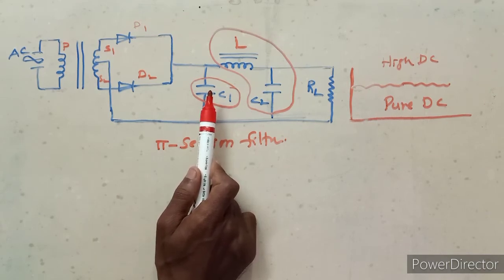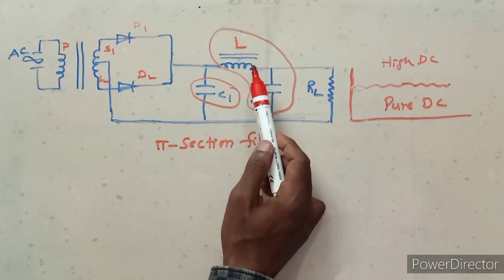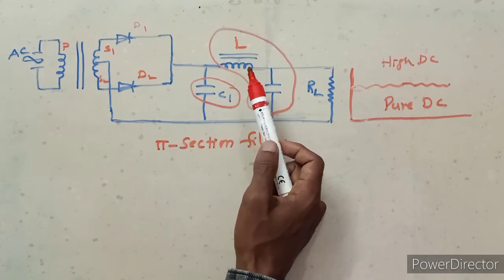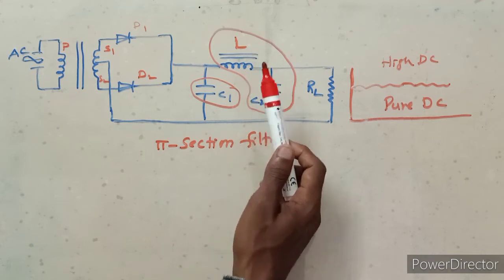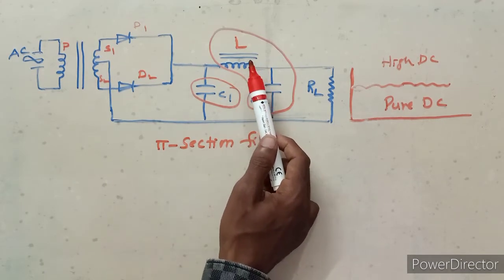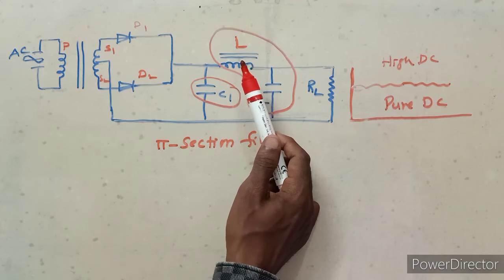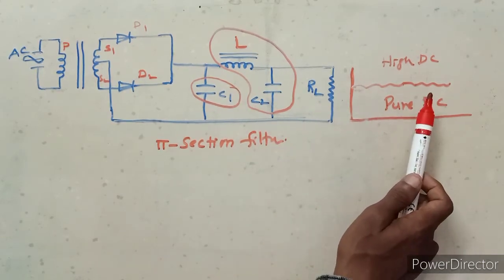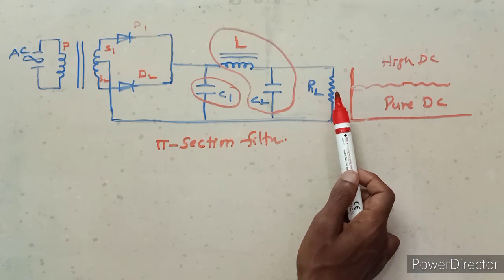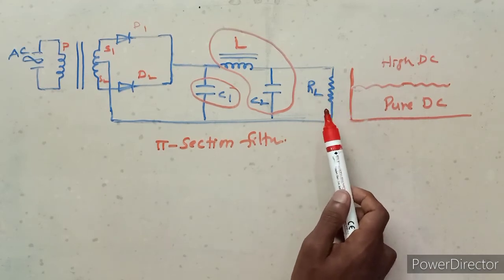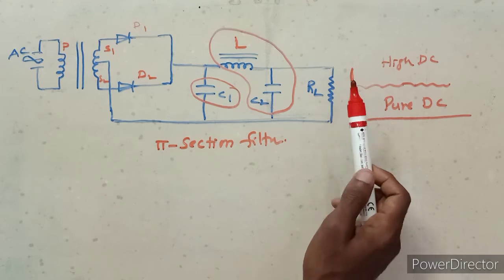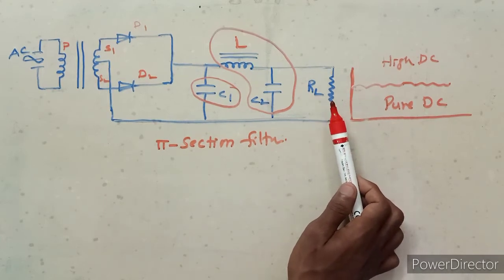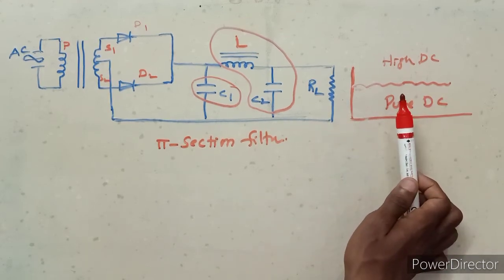Next, the L-section filter allows the DC and blocks the AC currents. So the pi-section filter produces a unidirectional output voltage across the load resistance. Here the ripples are very negligible, that means AC components are very small, so pure DC comes out.